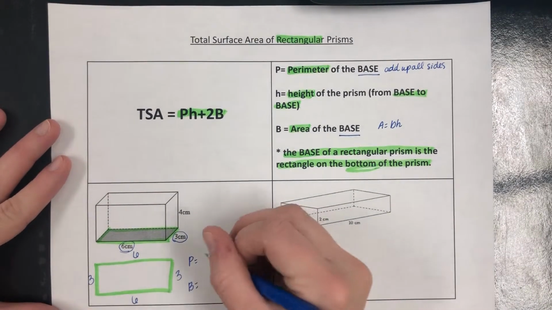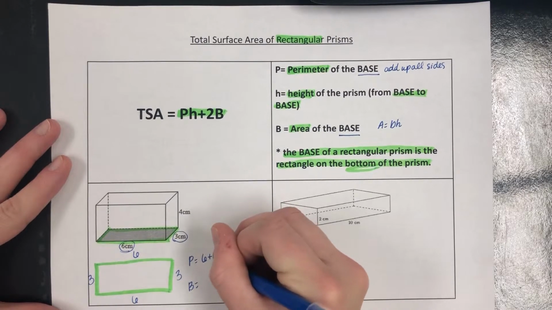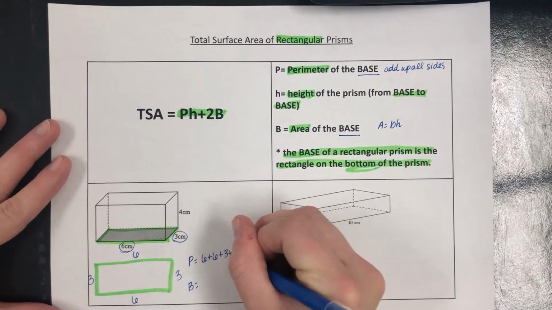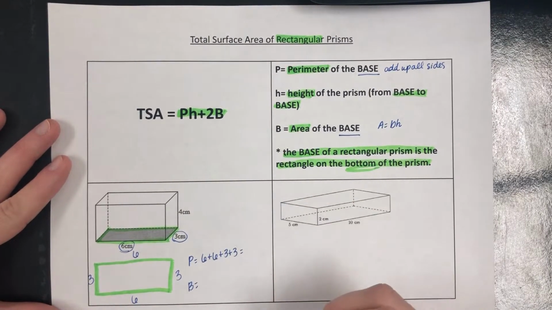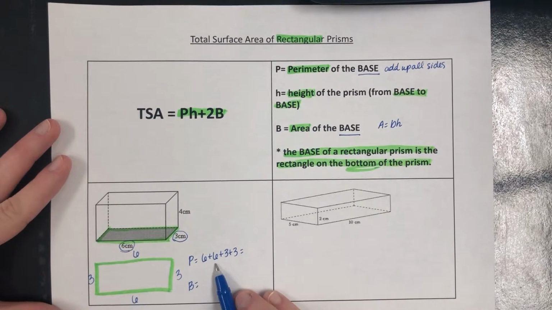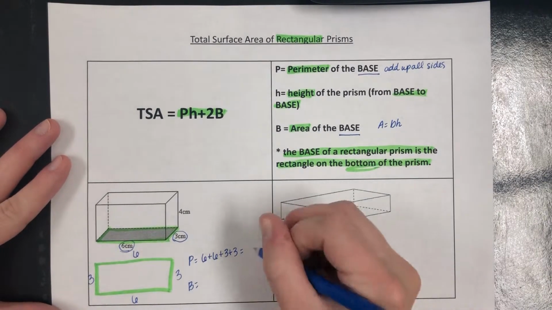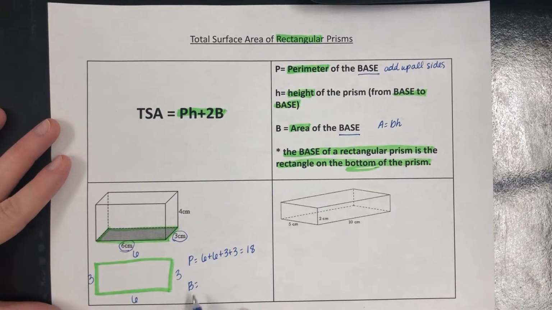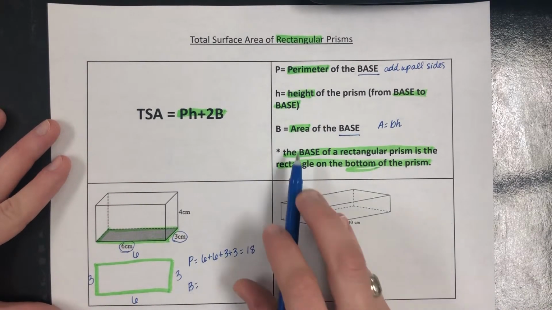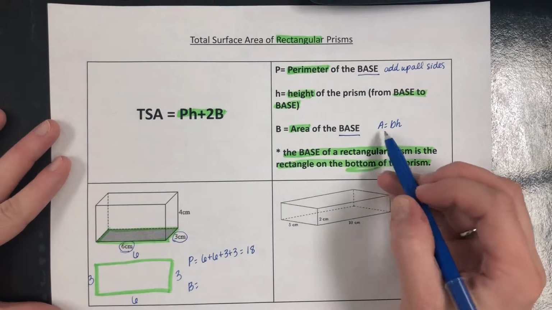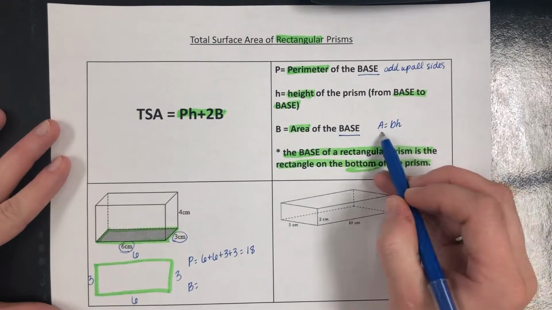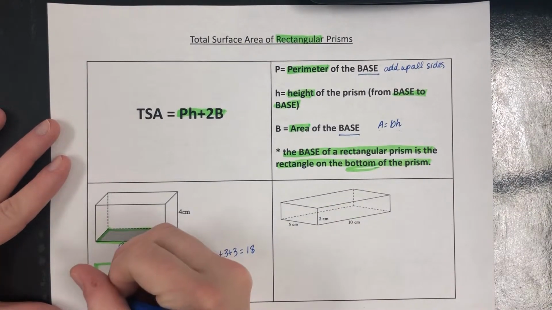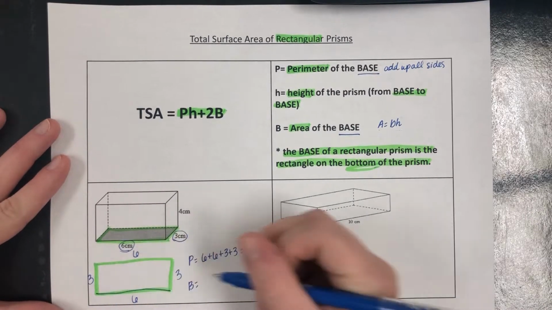Perimeter, of course, is adding up all the sides. A rectangle has 4 sides, so I'm going to add up the 4 sides: 6 plus 6 plus 3 plus 3 is 18. Then for capital B, the area of the base, I follow my formula, A equals little b times little h, the base of the rectangle times the height of the rectangle.